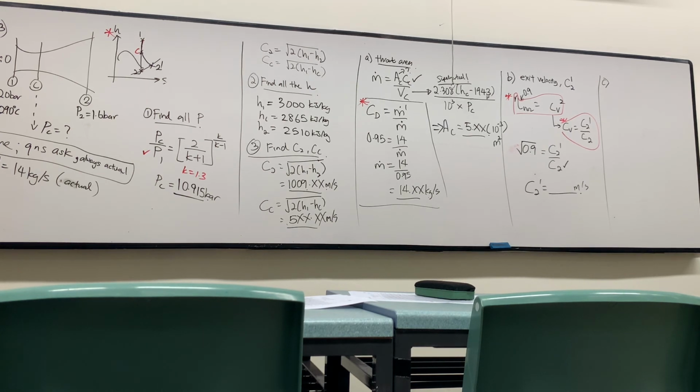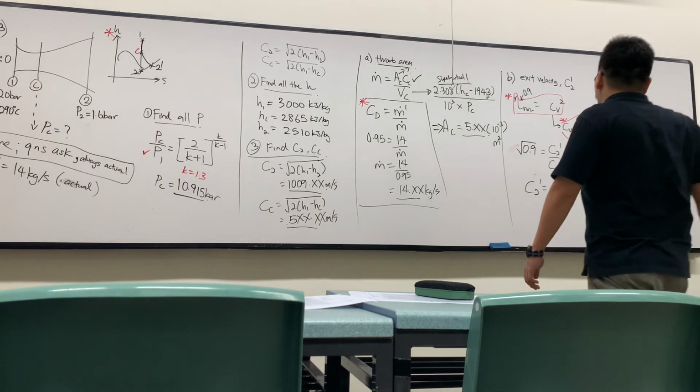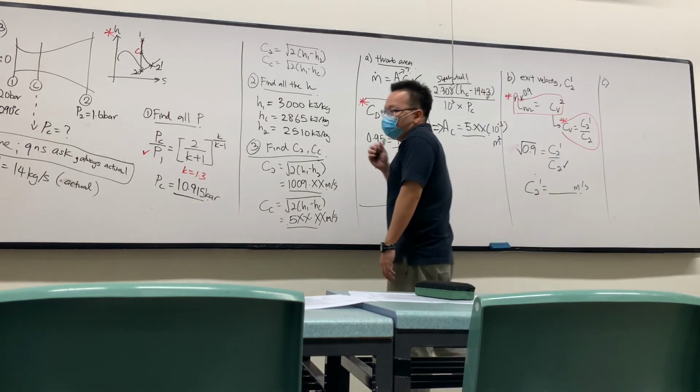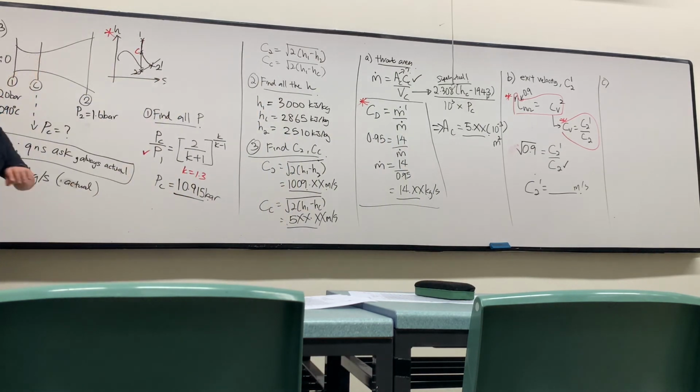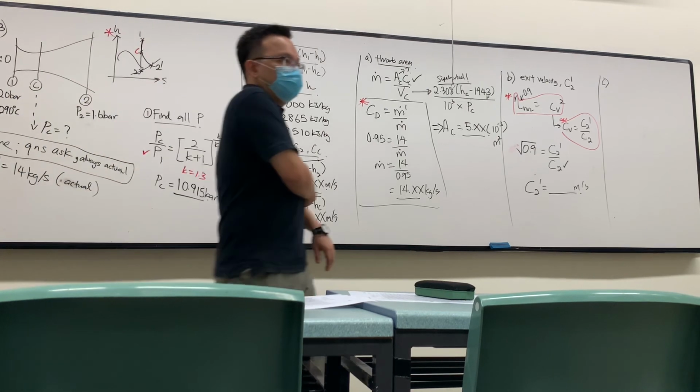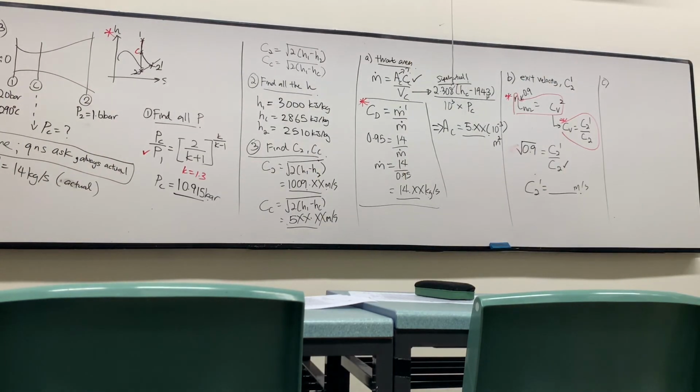Yes. Correct. So let's replace the square with square root. Page 5. So this one, this one. Page 5, that is the correct one.